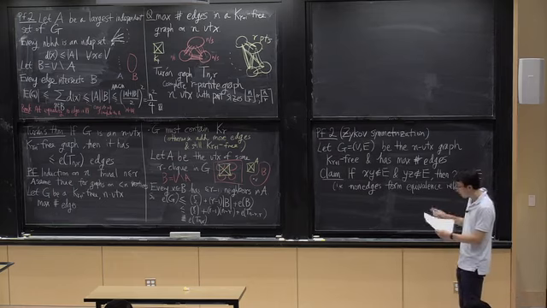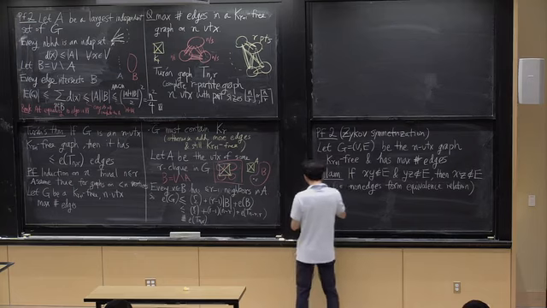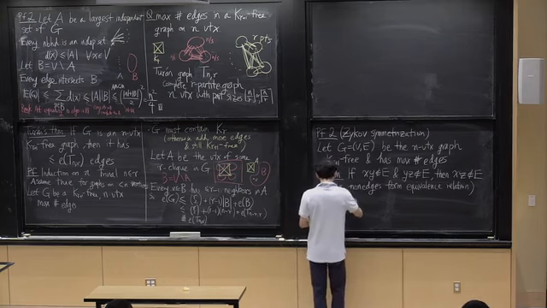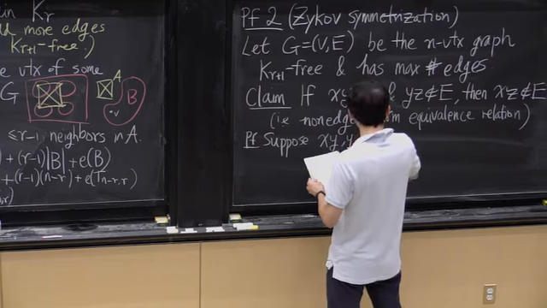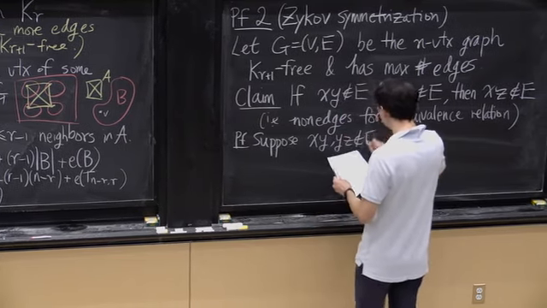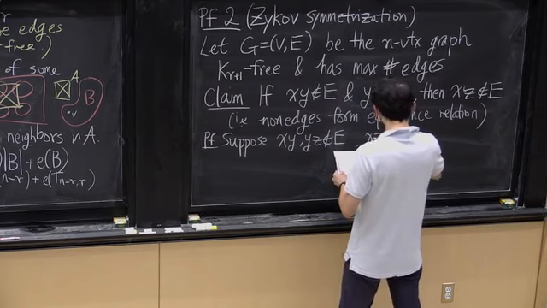Okay, so let's prove this claim. Let's assume that the conclusion is not true. So suppose, for contradiction, that we have xy and yz being non-edges, but xz is an edge.